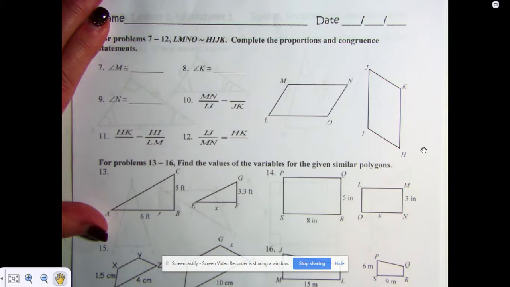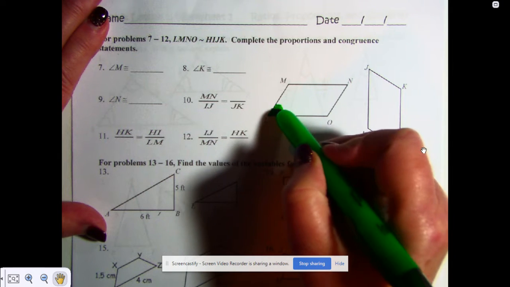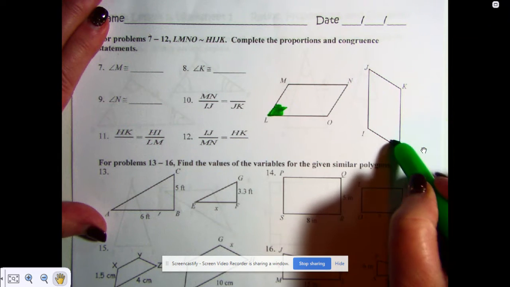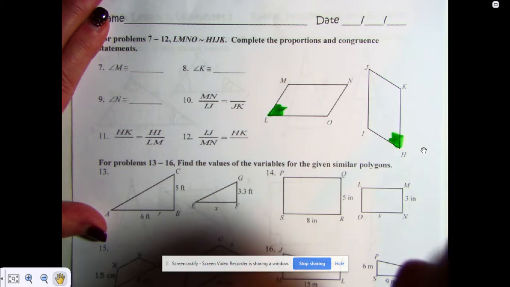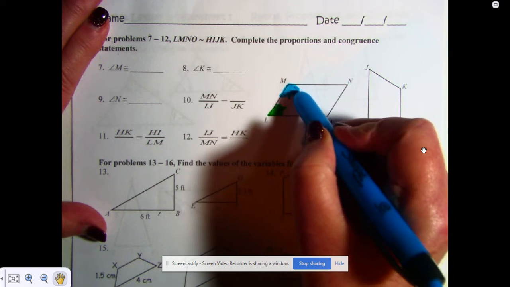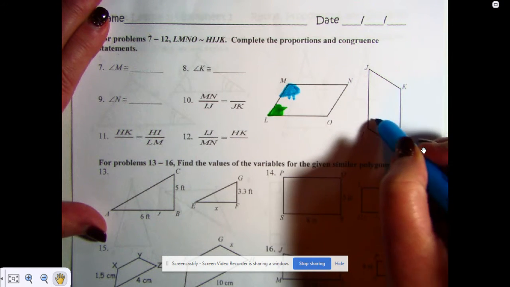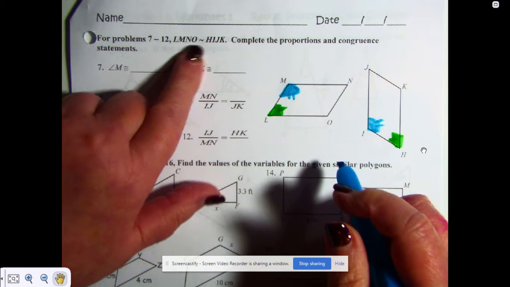So we're just going to look at that real quickly and let you see how easy this is. I have that angle L is going to correspond to angle H. Likewise, angle M is going to correspond and be congruent to angle I. And you know this from our order.